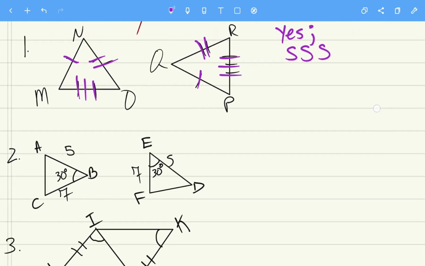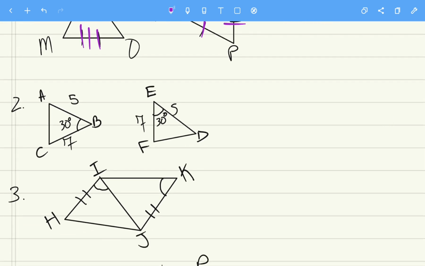The next one, we have two triangles, and we are given that sides AB and DE are 5 units long. Sides BC and EF are 7 units long. And then we are given that the angles in between, in this case angle B and angle E, are both 30 degrees. So we have AB is congruent with DE.